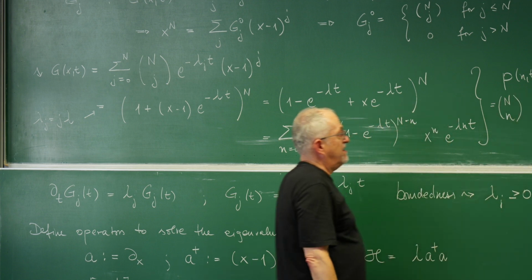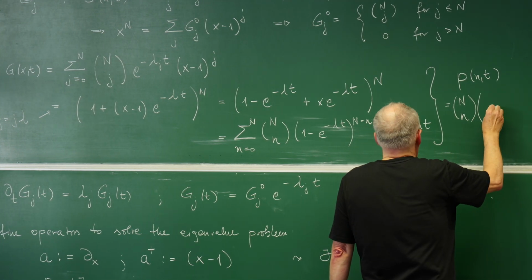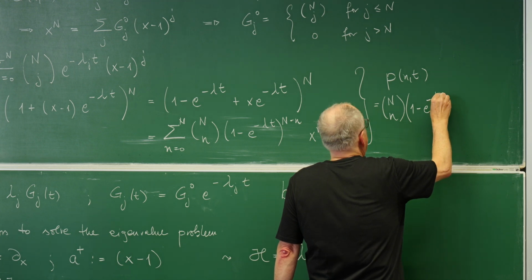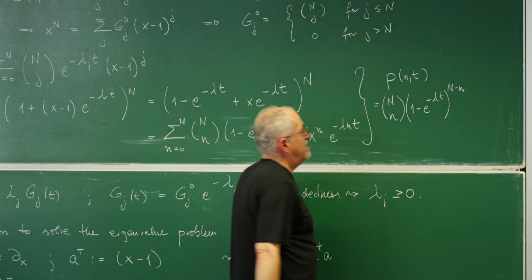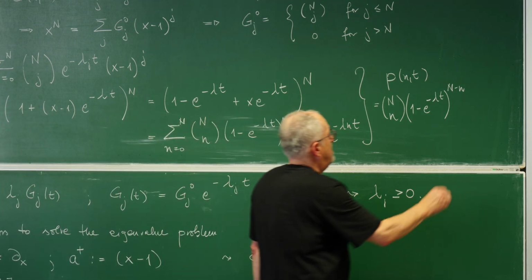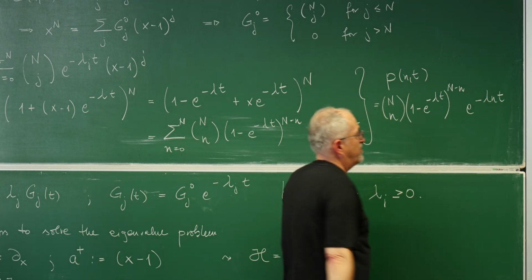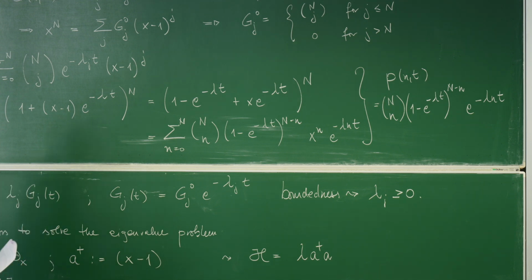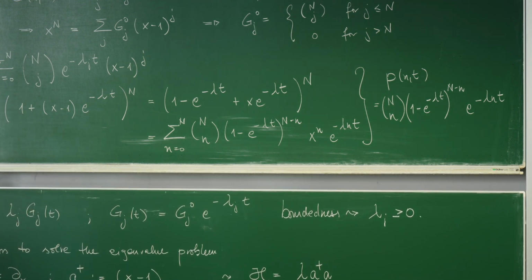You have to take N choose n, and you have this product of (1 minus e to the minus lambda t) to the N minus n, meaning of not dying, and e to the minus lambda n t, which is the probability of dying.